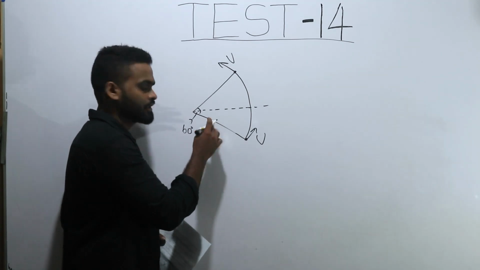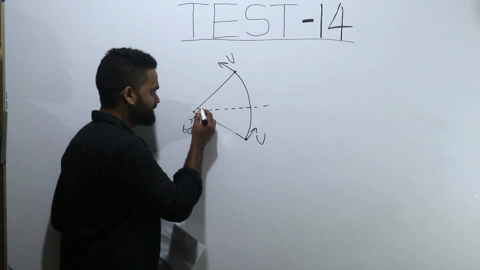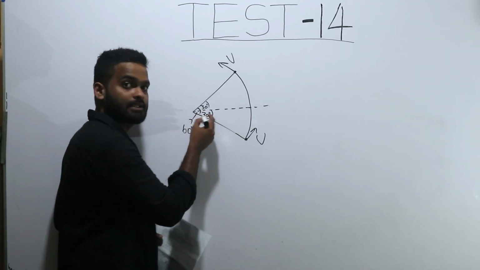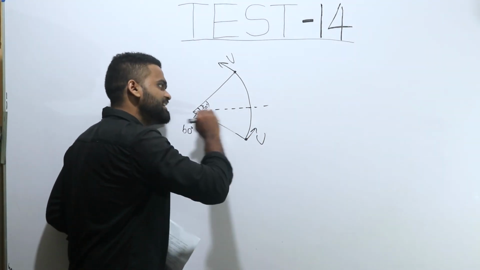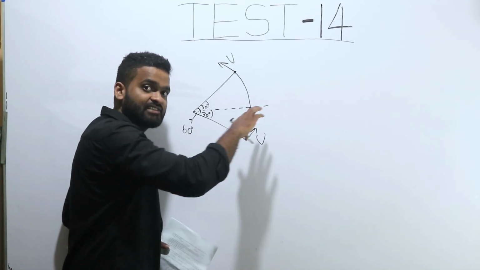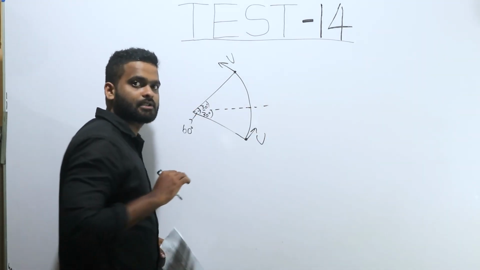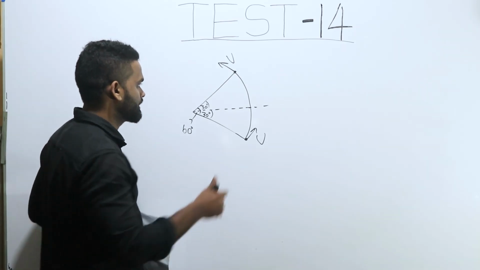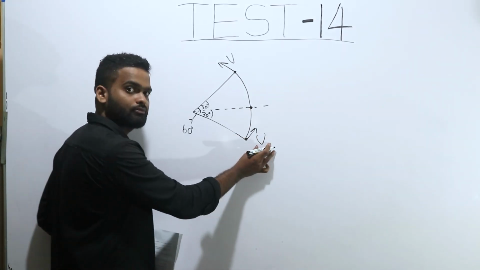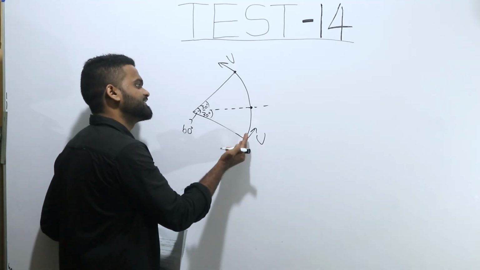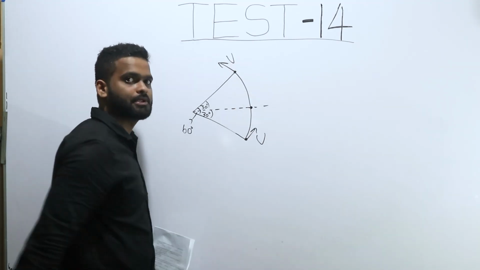I'll divide this into 30 and 30 degrees. Take this line to be the horizontal line, then it will be easier. So the magnitude of velocity is the same, right? It has a uniform speed.